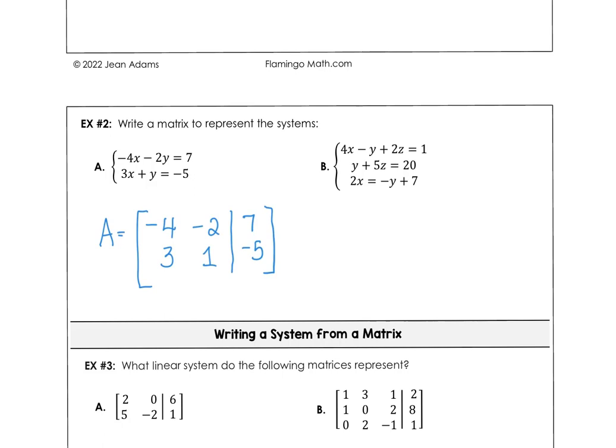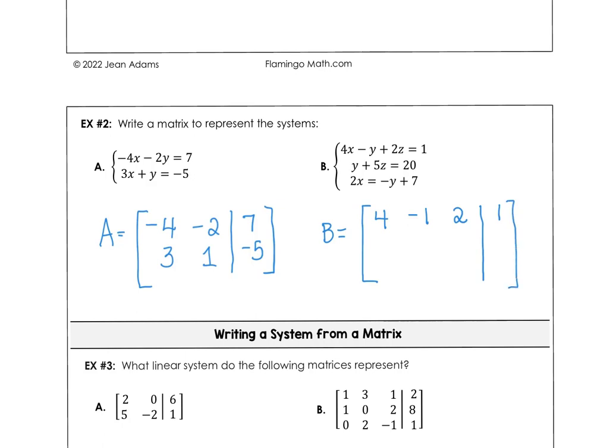In example B, you have to be careful there because we have some missing numbers. So matrix B, in row 1, we have 4 for the X term, -1 for the Y term, 2 for the Z term. There's going to be a bar for the equals and a 1 for the constant.